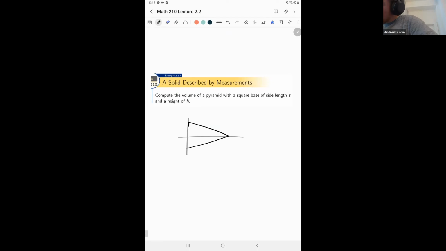And then we sliced it into cross sections. And I'll do it this way. I don't want to draw too many. I'm just going to get a little lazy.